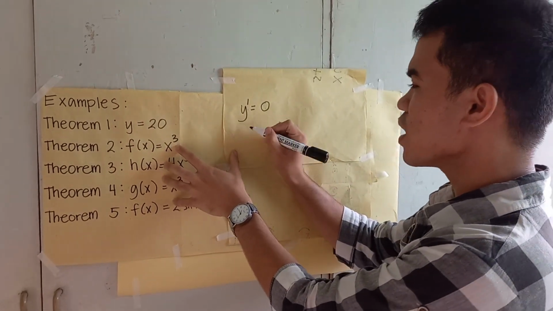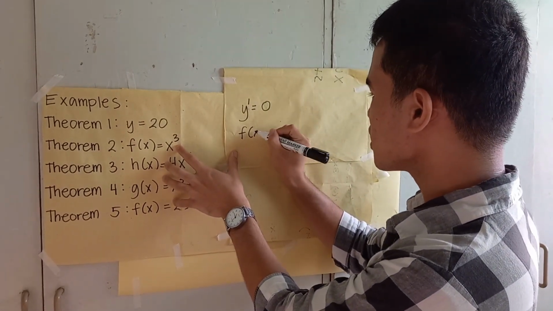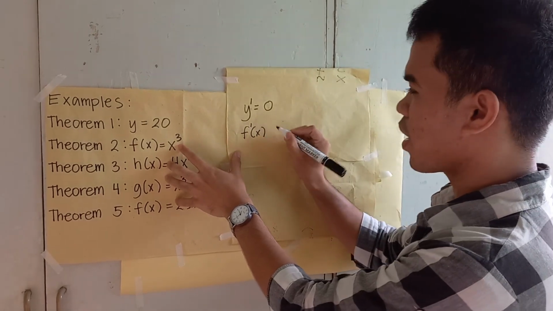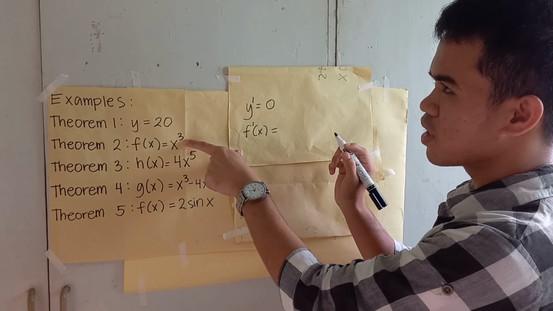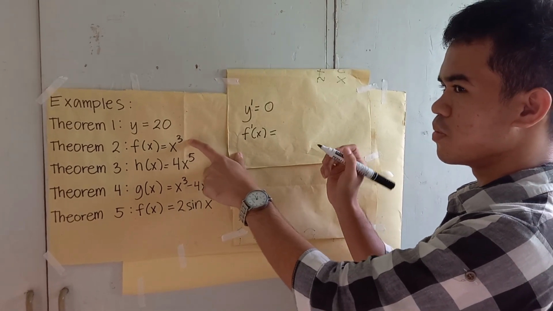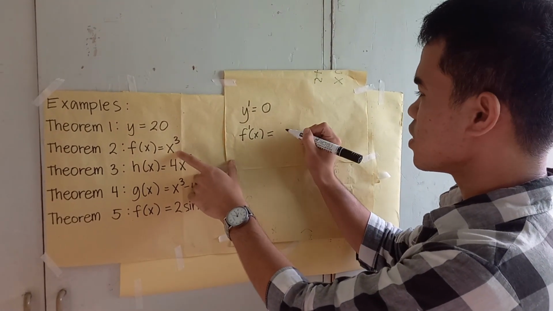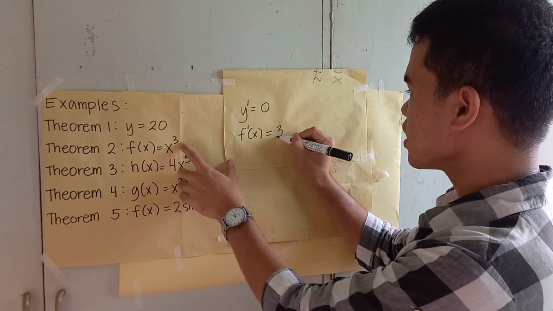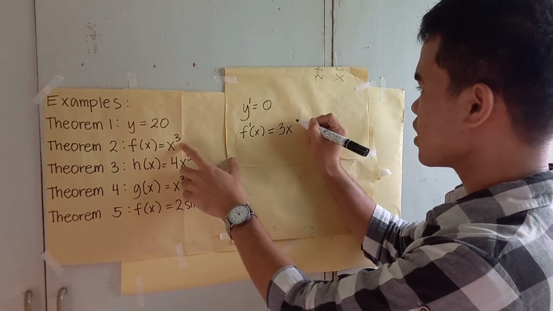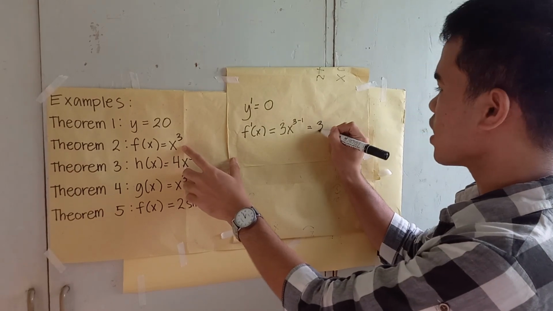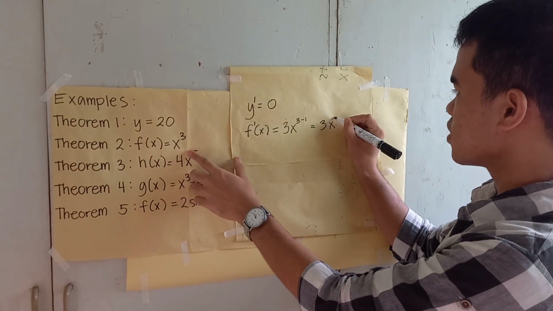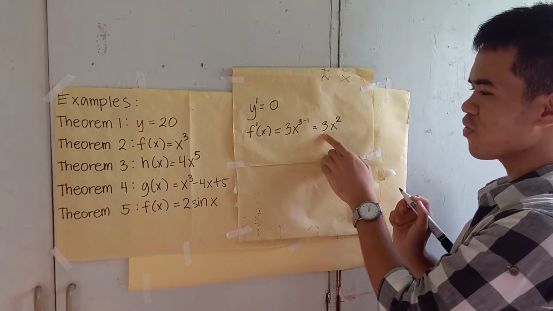The derivative f prime of x equals, we apply n minus 1, so copy the 3, x, 3 minus 1, equals 3x squared. So here is the final.